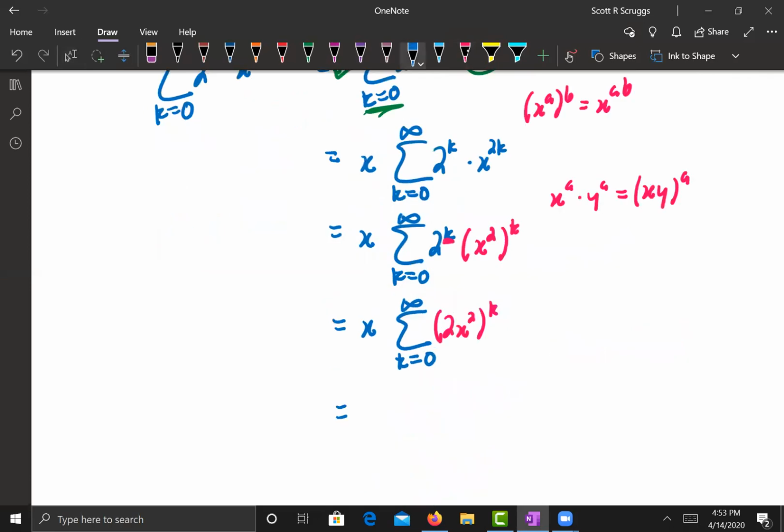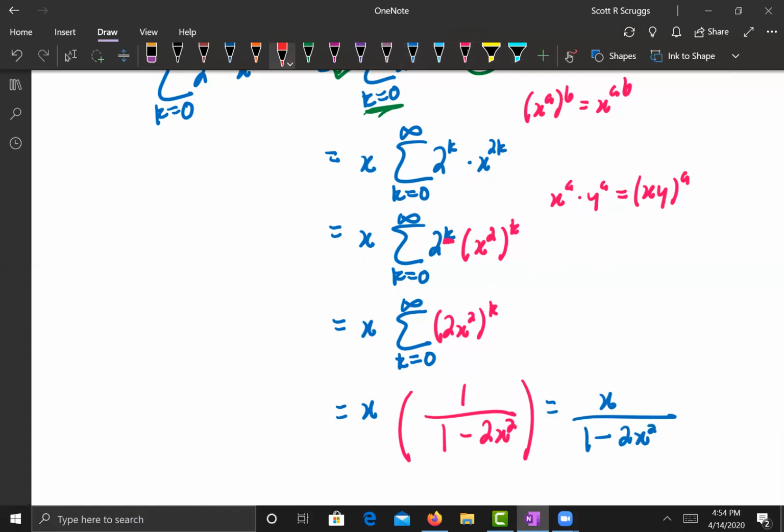So I'm going to rewrite that as x times 1 over 1 minus 2x squared. And because of that x up in front, I get x over 1 minus 2x squared as my final answer.